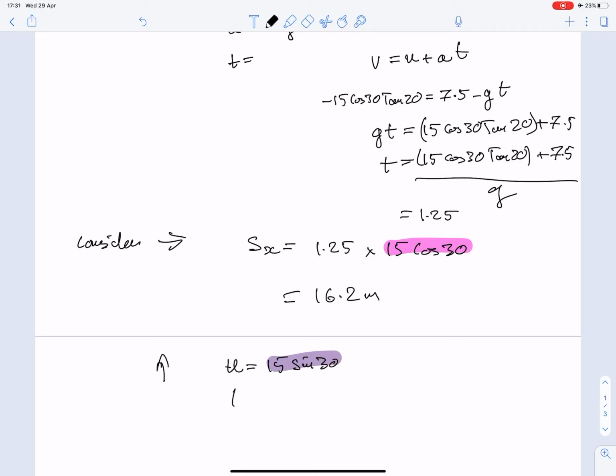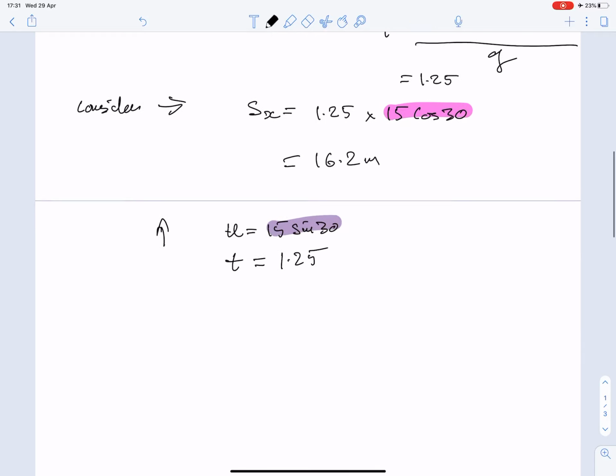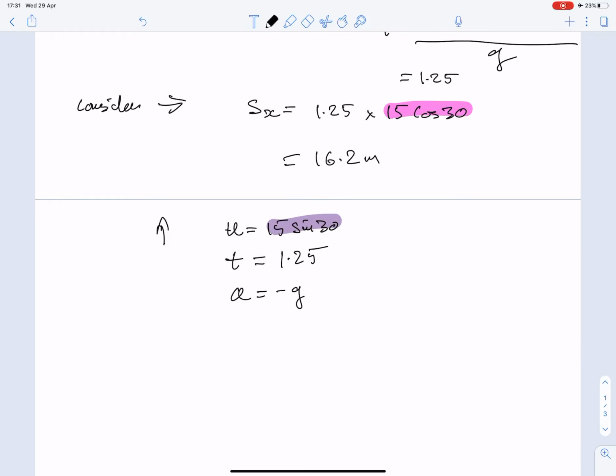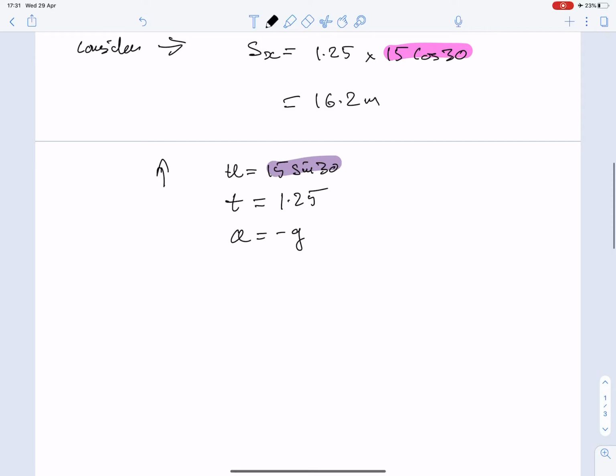Our t, we've got from just over here, 1.25, that we've used a few times now. a is still minus g, and we want s, which we're going to call sy because it's the vertical component. So s equals ut plus a half at squared plus s0, but we don't need that because it's starting from the origin and we want the distance from its starting point.